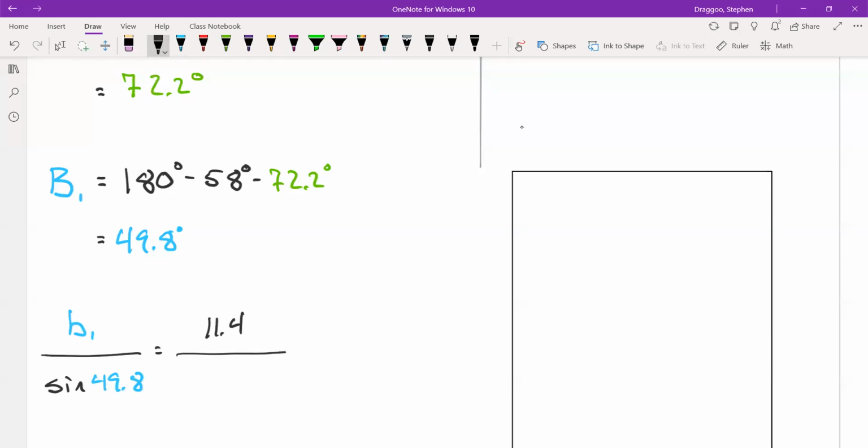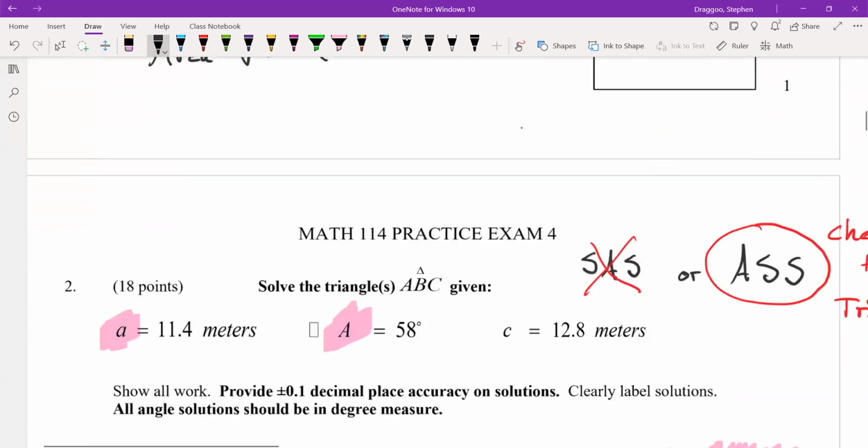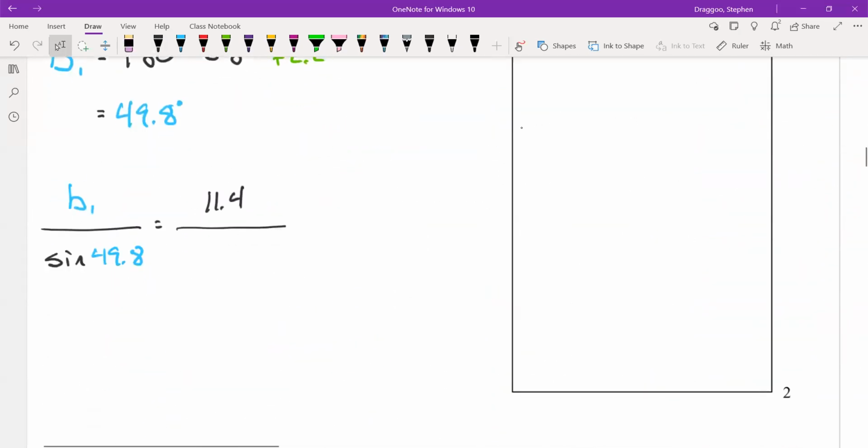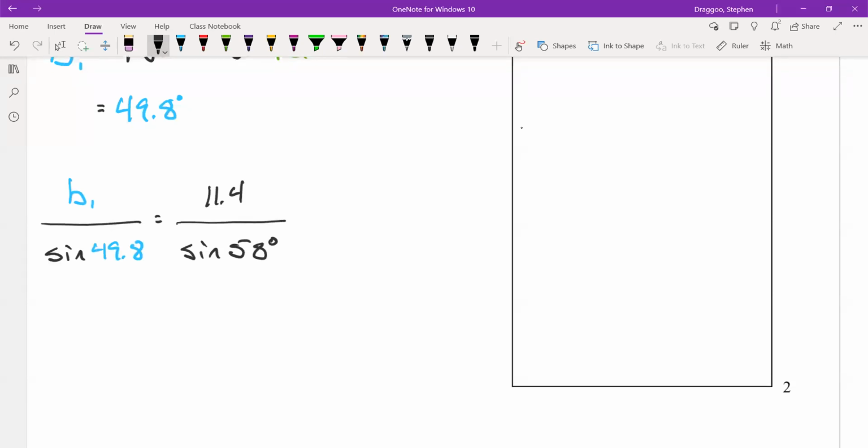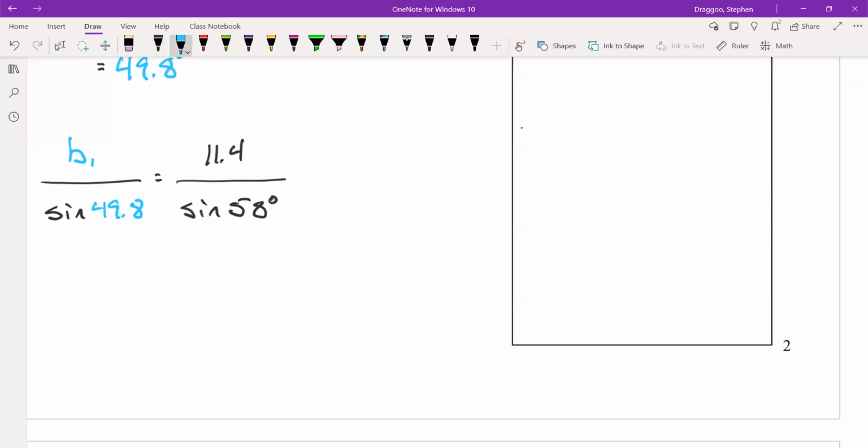Is that right? Yes, it is. Because I'll set it back to the information that I was given at the beginning. I was given A, so I'll keep setting it equal to A, just for simplicity's sake, or for the sake of not having too many rounding errors.